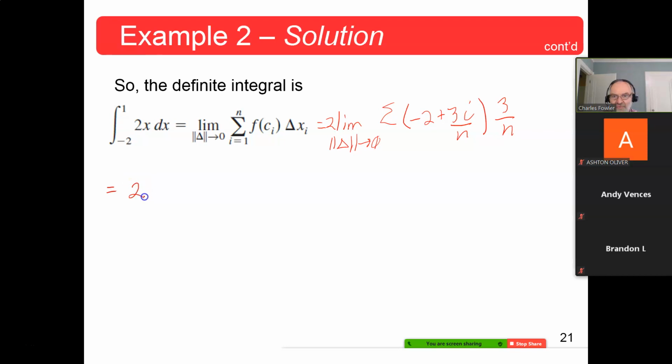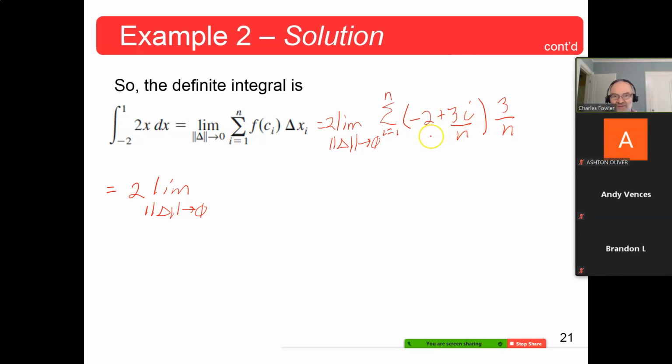Now, we can do a little more housekeeping with this, and let's do that. Bring out the 2, and then we'll have the limit as your norm is approaching 0 of, oh, I left this off, i equal 1 to n. Okay, n's a constant here. i is the variable, you might say, the thing that's changing in here.